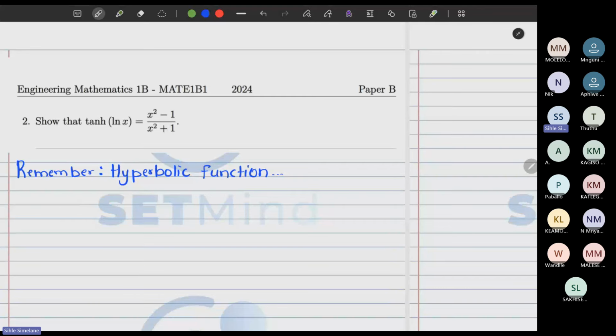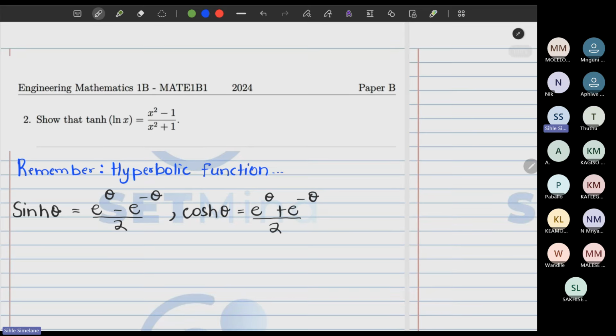If you remember, hyperbolic sine of, let's use theta, is e^θ − e^(−θ), divided by 2. This is hyperbolic sine. And then hyperbolic cosine of theta is e^θ + e^(−θ), divided by 2.